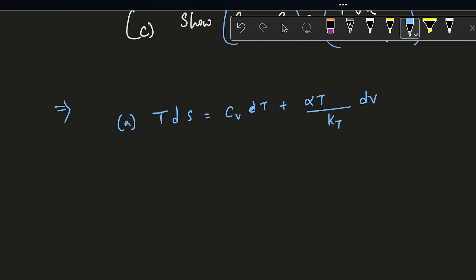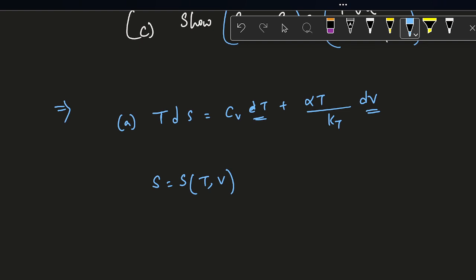So the trick is that you look at the integrands here, that is dT and dV. By that idea, you have to understand that here the entropy can be taken as a function of T and V. Anyway, entropy is a function of the macro states of the system, right? So entropy can be expressed as a function of all the macroscopic properties or parameters of the system.